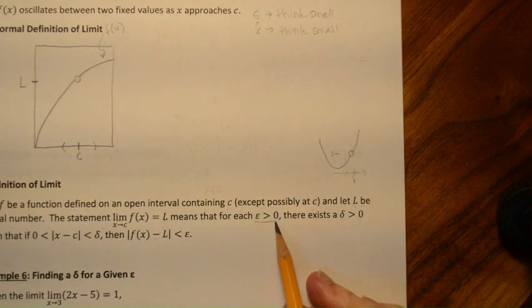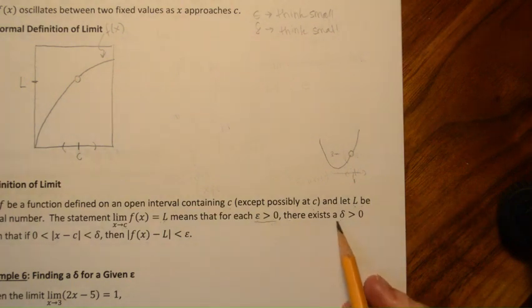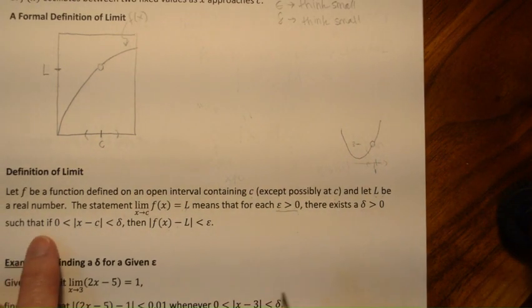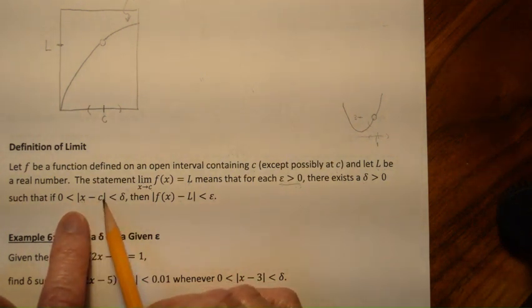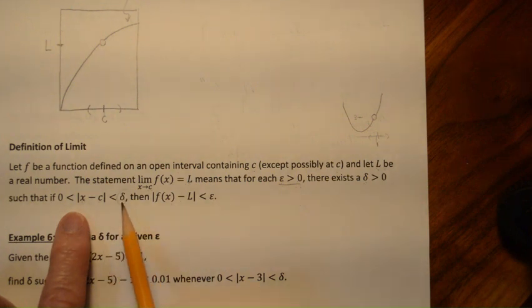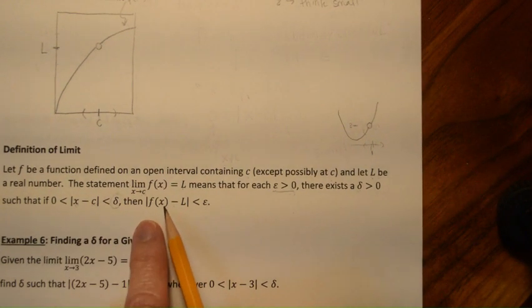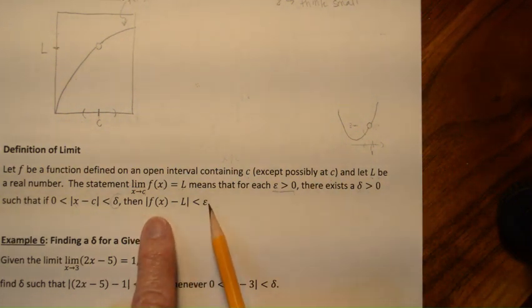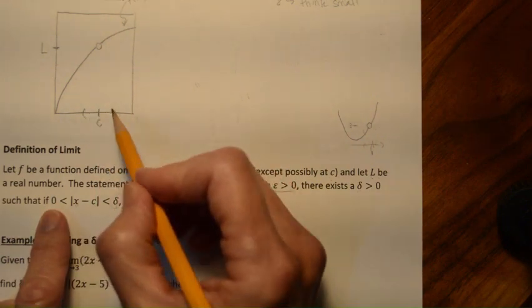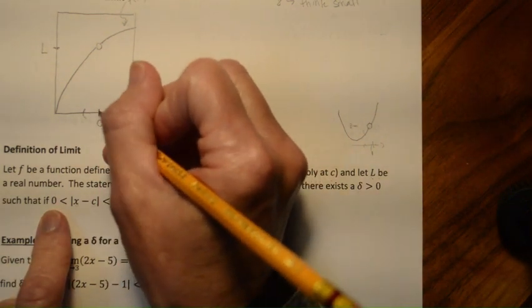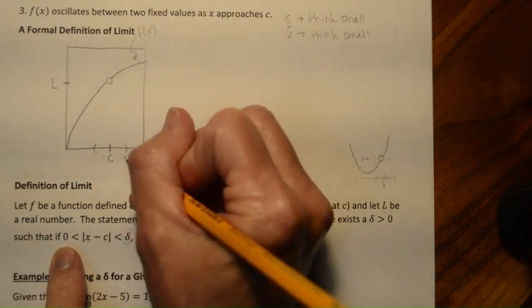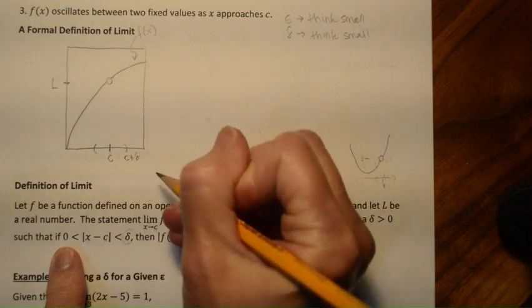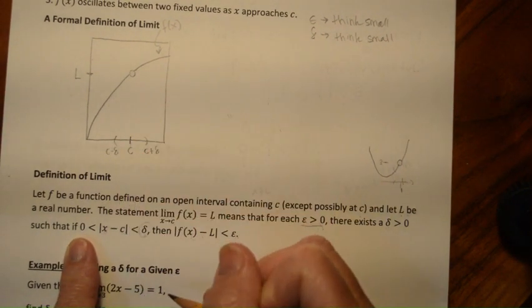For any epsilon greater than 0, there is some delta greater than 0, so that whenever the distance between my x value and c is less than that small number delta, then the distance between f of x and L is less than epsilon. Whenever I'm in a little delta window around c, so let's call this a little delta window, this is going to be c plus delta, and this is going to be c minus delta.